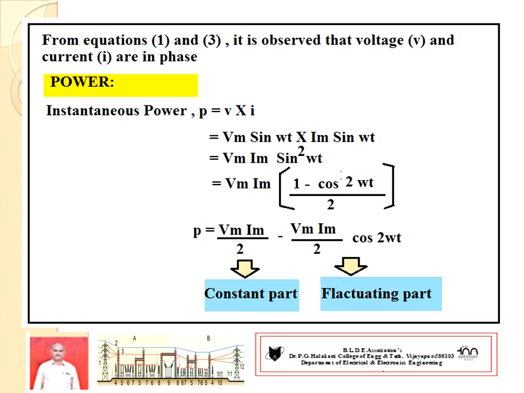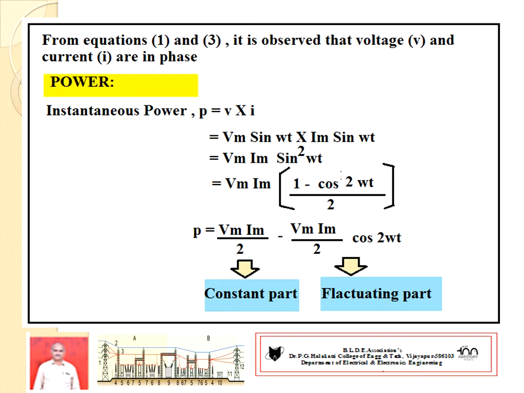Then we have to calculate power, average power. Instantaneous power equals the product of instantaneous voltage and instantaneous current. We already know instantaneous voltage is Vm sin omega t and instantaneous current is Im sin omega t; you multiply. So Vm Im sin square omega t.